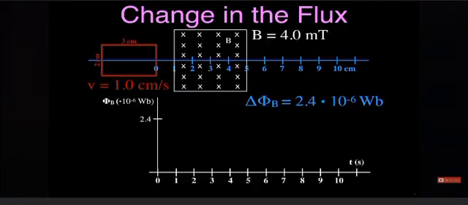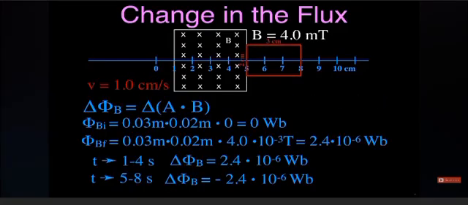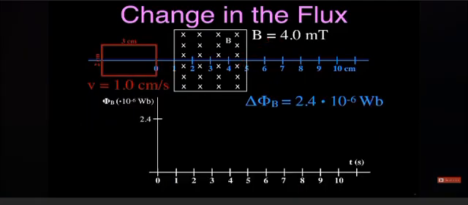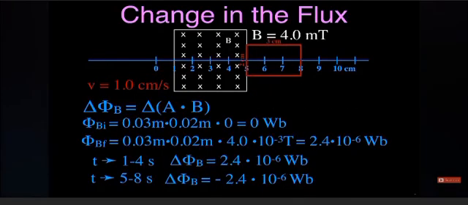So if we were to represent this information on a graph, it's going to give us some insight into the nature of electromagnetic waves. Let's graph that change in magnetic flux.